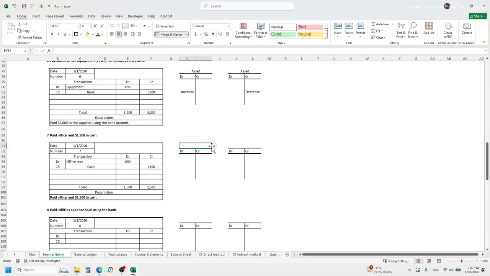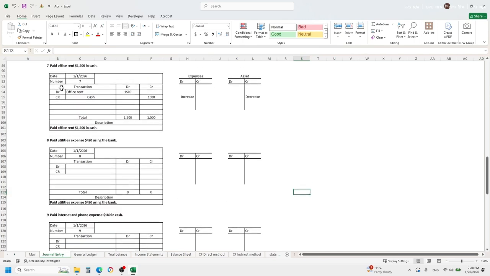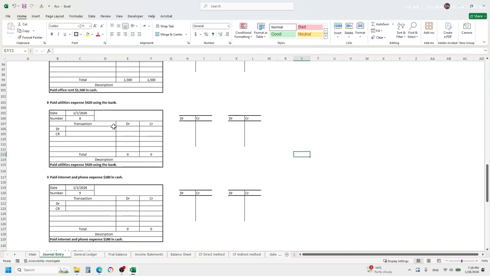The expenses account increases, so we debit, and the asset account decreases, so we credit. Number 8 and 9 are the same as number 7, but with different accounts, so we're going to do them directly here.